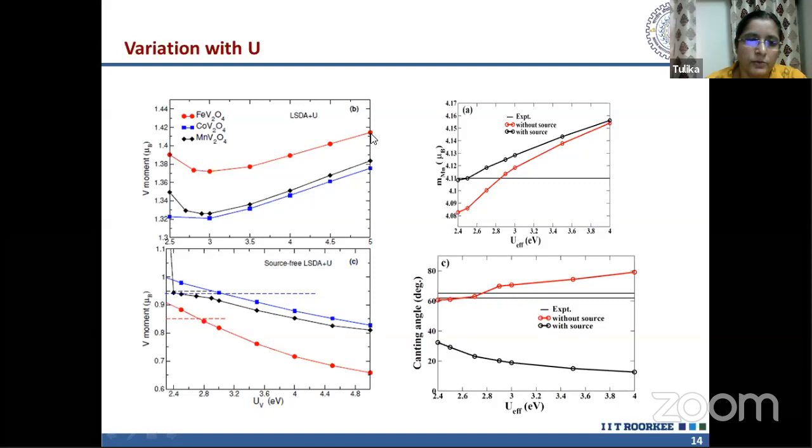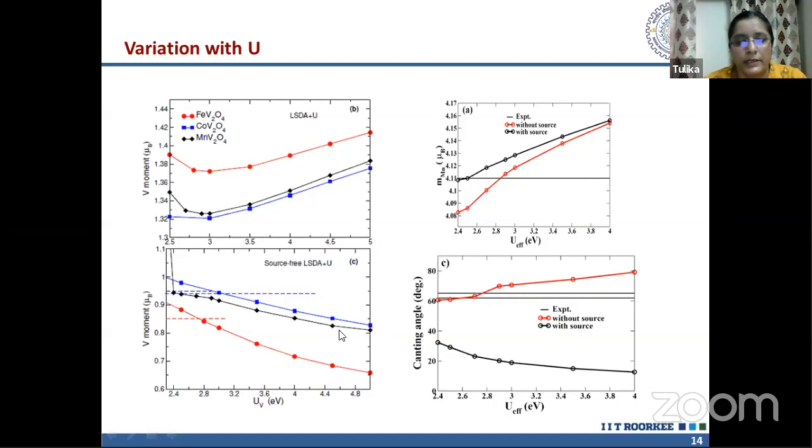Whereas here, what we see is the opposite trend, which is counterintuitive, but we can understand this in the sense that the source term that was present in that magnetic field also increases with U, and when we remove that, then the vanadium moment reduces.